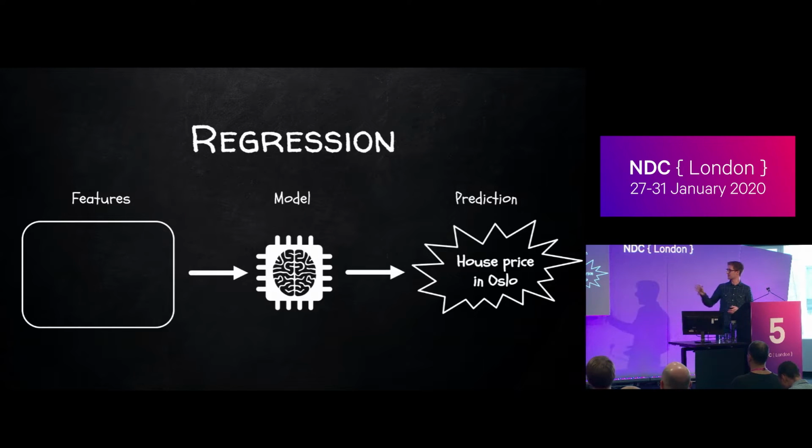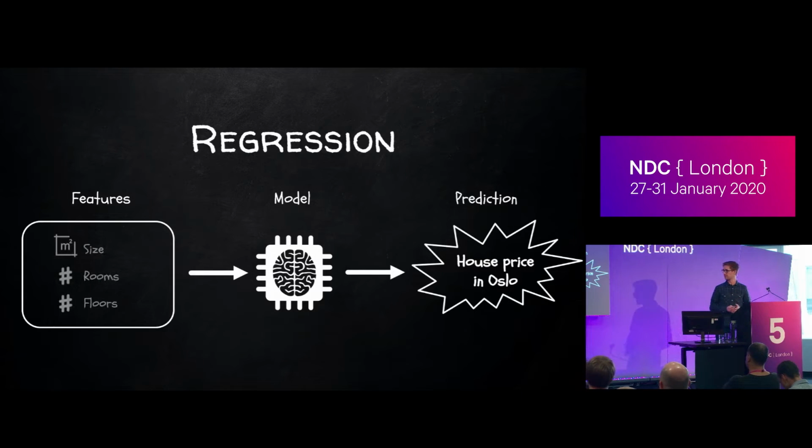Here, the box of features is empty. And again, it's our input. What are we going to put into this model? We have to pick some features. And features for a machine learning model need to be something that says something about the output that we want.